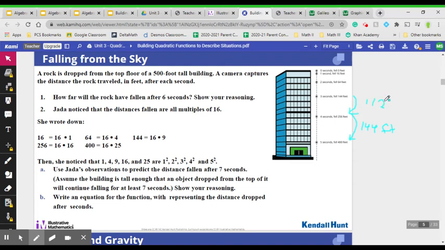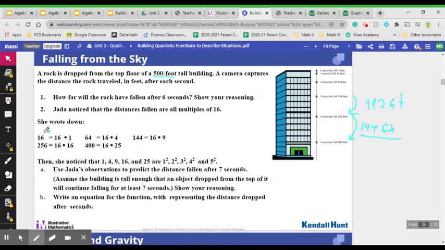So just based on those two numbers, we can tell that the rock is speeding up, and each second it's falling further and further down. So our hypothesis here would be that in 6 seconds, it would fall more than 144 feet. That means it would hit the ground at 500 feet down before 6 seconds has elapsed. So you could say that it would fall 500 feet, because 500 feet would just be the ground.